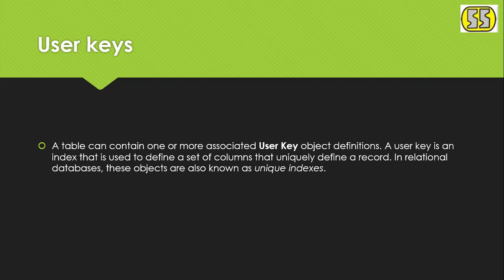User key is a combination of a couple of columns. If a record is already present with those combinations, Siebel will not allow creating that record. If there is no such record, then only we can create a new record. That is called user key.